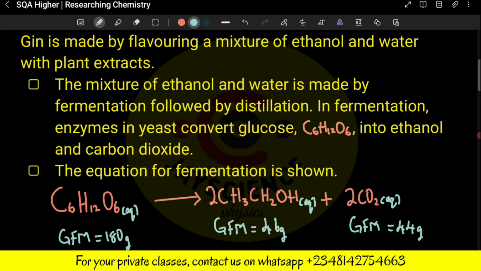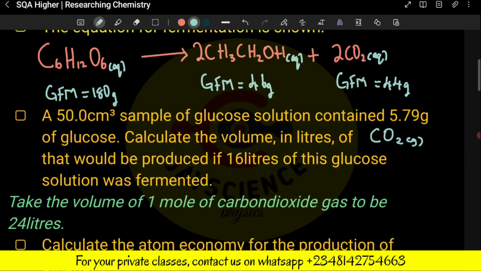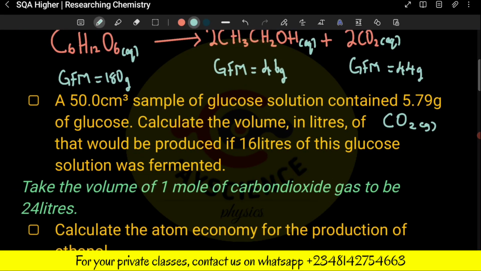Calculate the volume in liters of CO2 that will be produced if 16 liters of this glucose solution was fermented. Take the volume of 1 mole of carbon dioxide gas to be 24 liters. And then the second part of the question says you should calculate the atom economy for the production of ethanol.